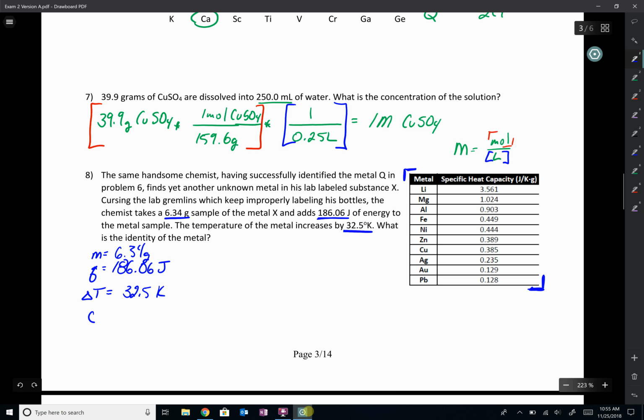So we need to figure out the heat capacity, C. Well, Q equals MC delta T. We have Q, we have M, and we have delta T. So we play the favorite game of plug and chug. We plug in some numbers and we chug out an answer.